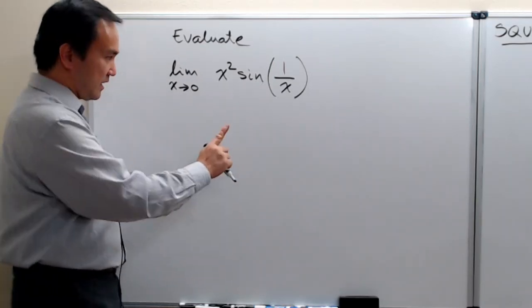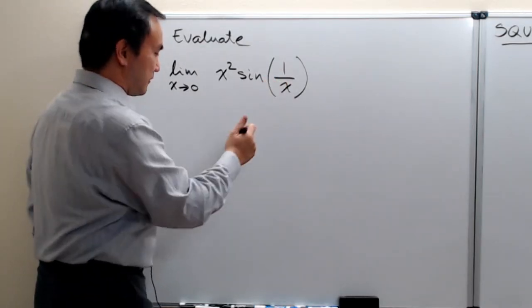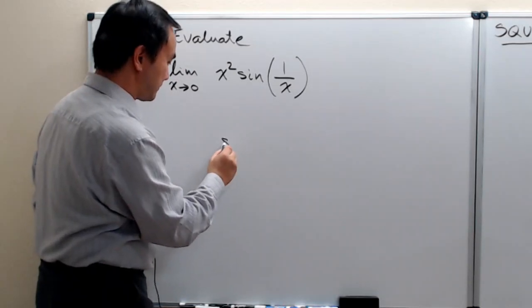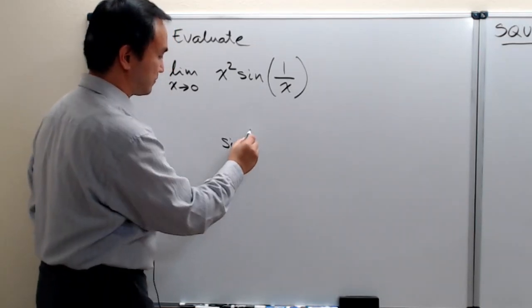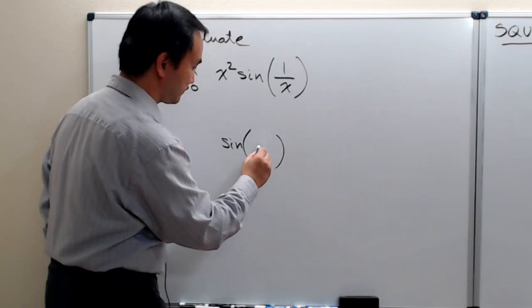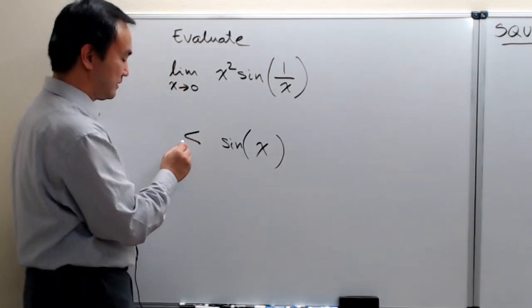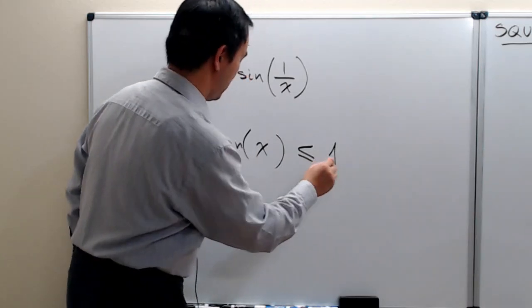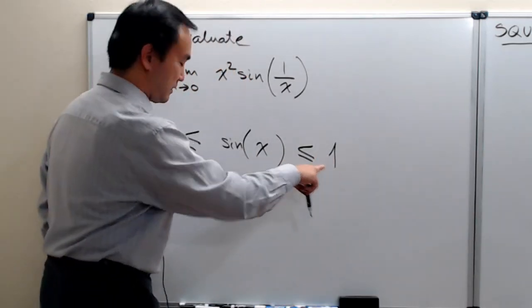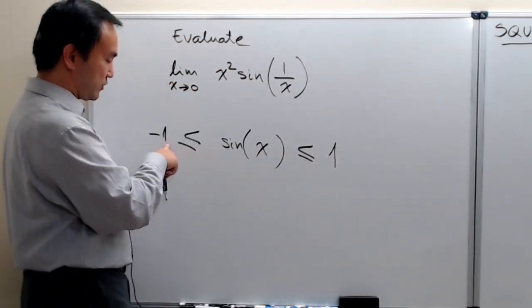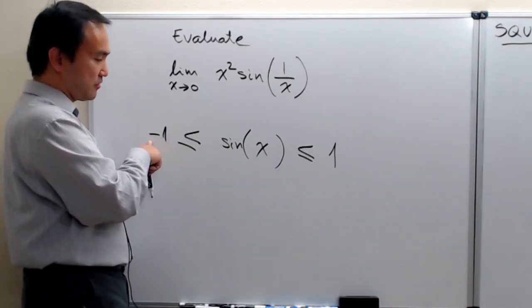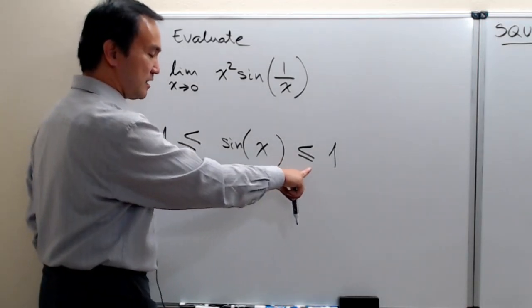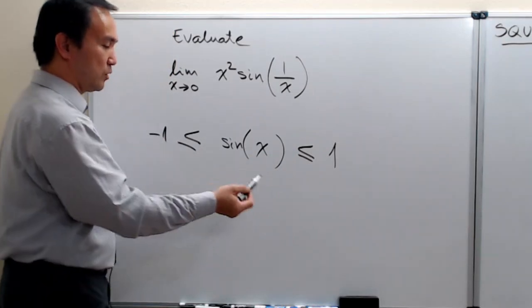Remind yourself again that the function sine of x, any sine function, is known to be greater than or equal to negative 1, I should have said that earlier, and then less than or equal to 1.